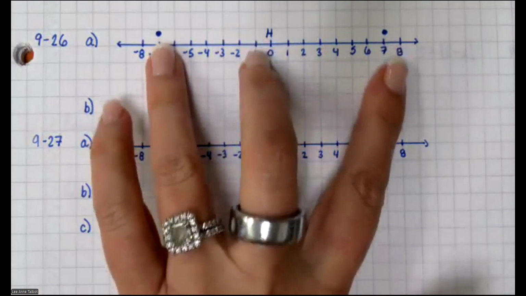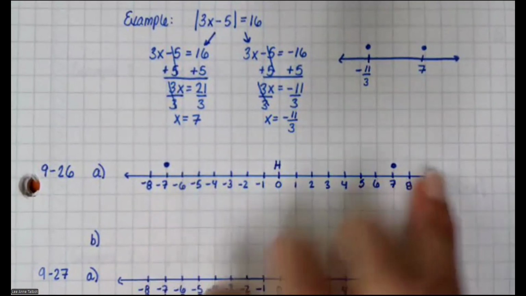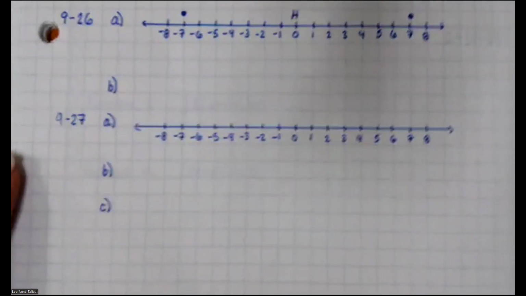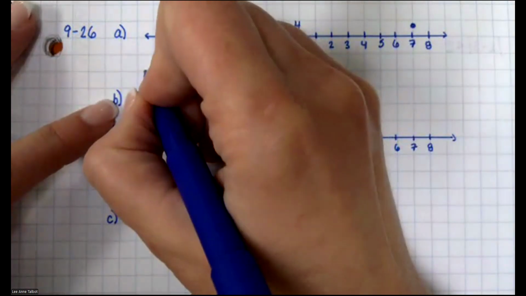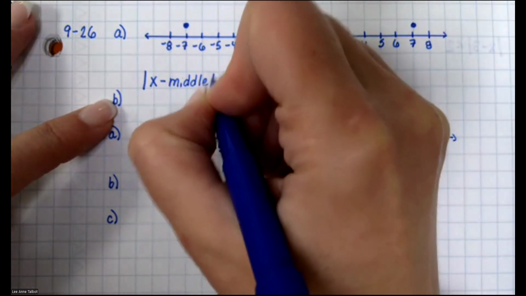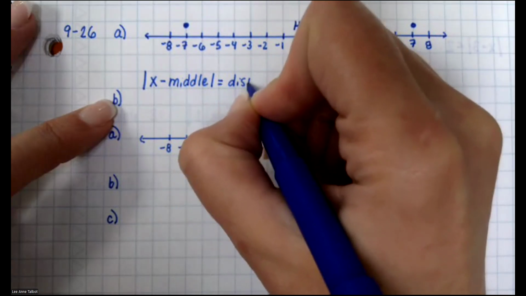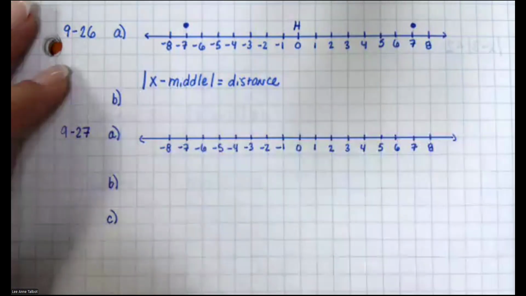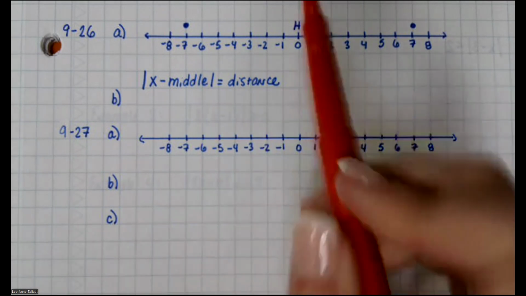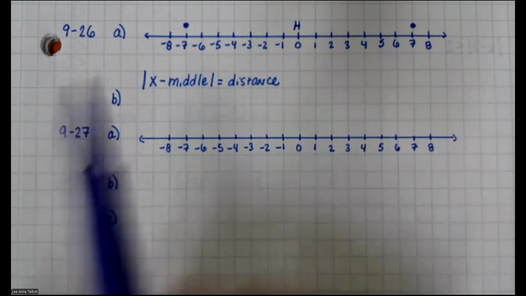So we're going to take these two dots, just like this, and go backwards and write it in absolute value. Okay, and there's a formula for it. X minus the middle equals the distance. Okay, and in this particular problem, the middle is 0.